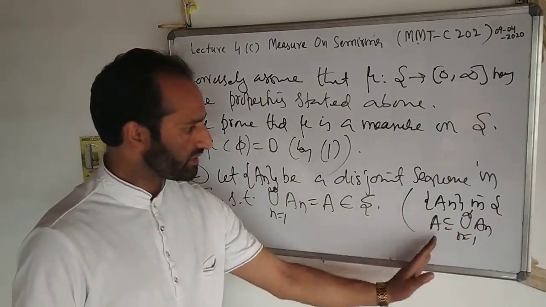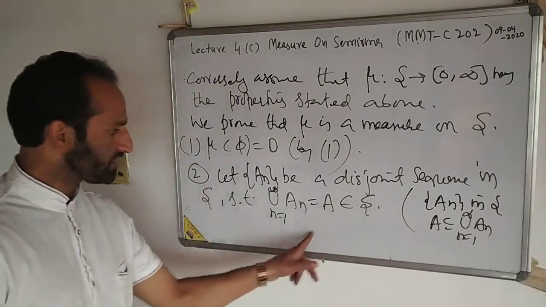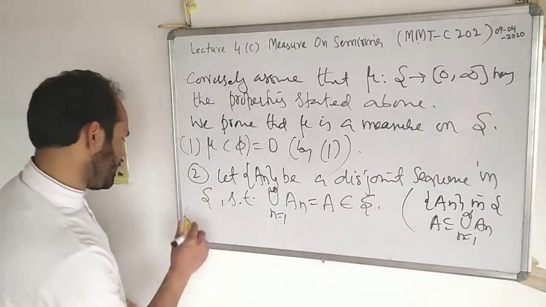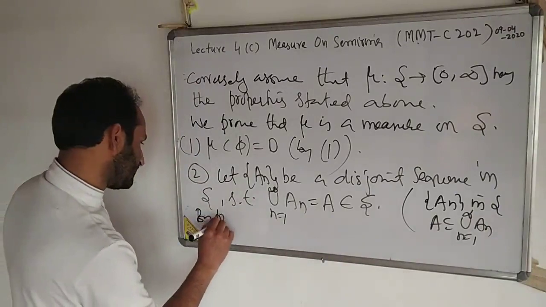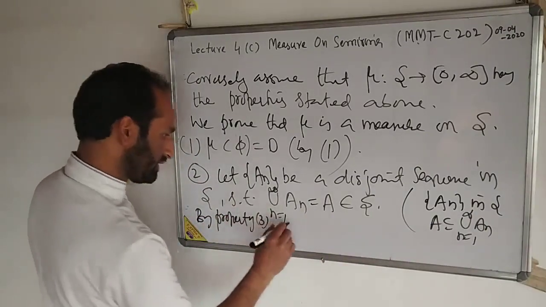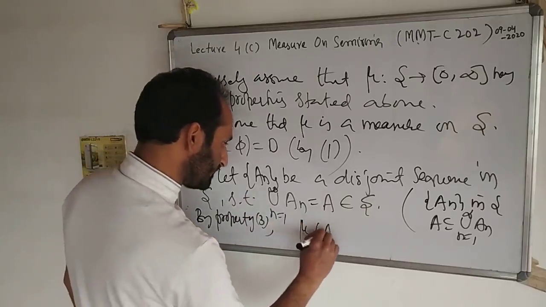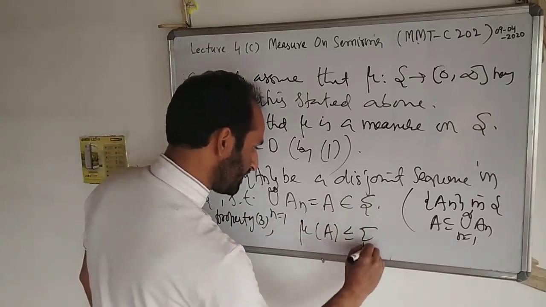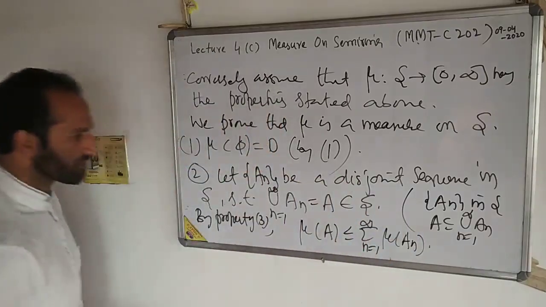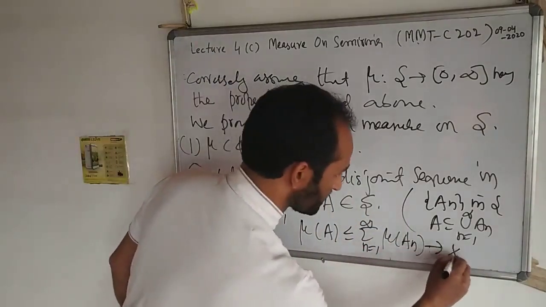The requirement is that A should be a subset of the union. Here this A is equal to the union, so it's also a subset. So by the third property, mu of A is less or equal to the summation n runs from 1 to infinity mu of An. Let's write it as a star.